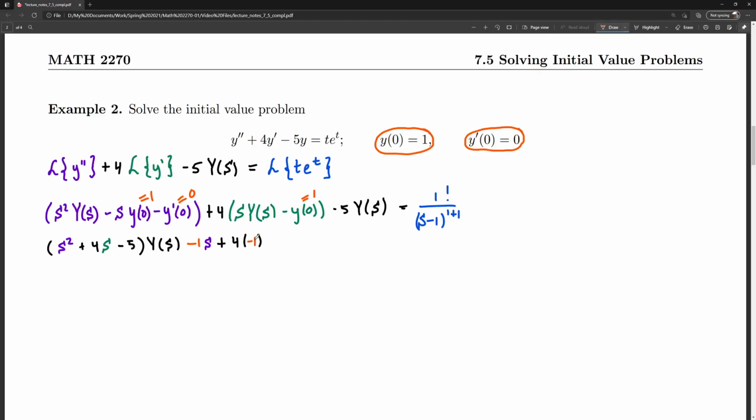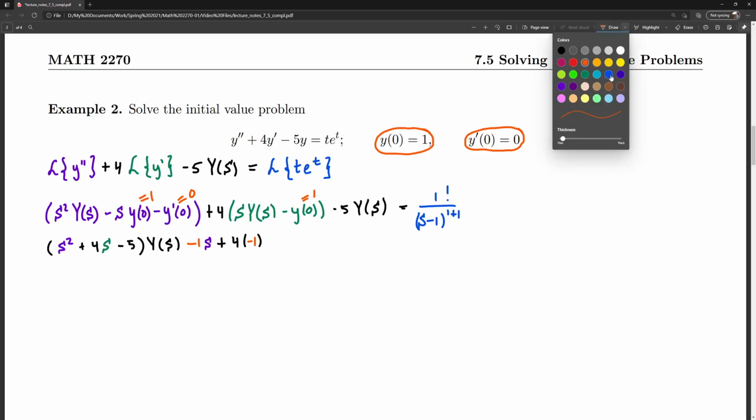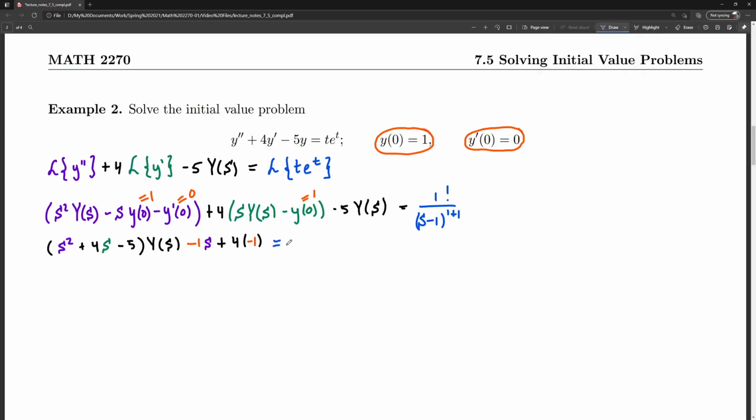These two come from the initial conditions. And then on the right-hand side, we can simplify that a little bit. 1 factorial is just 1, and then over s minus 1 squared.